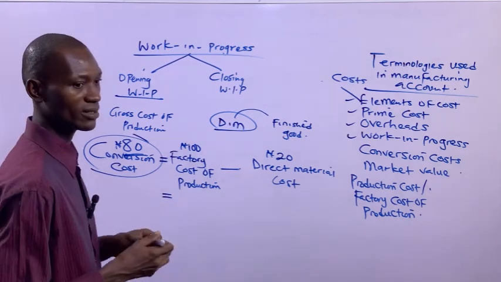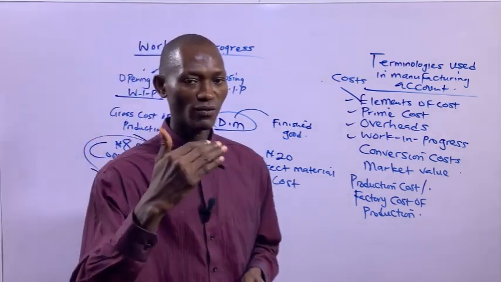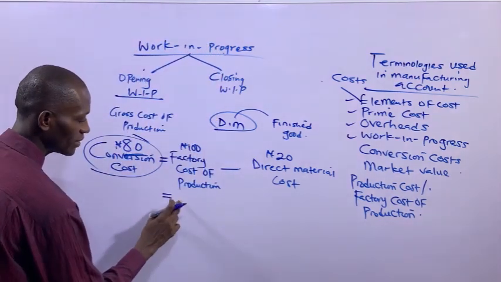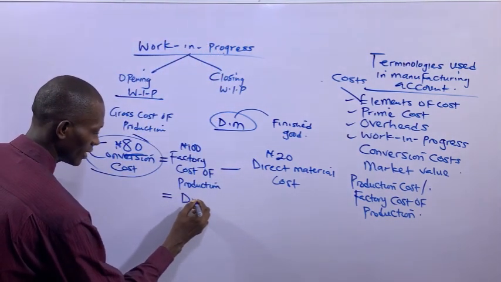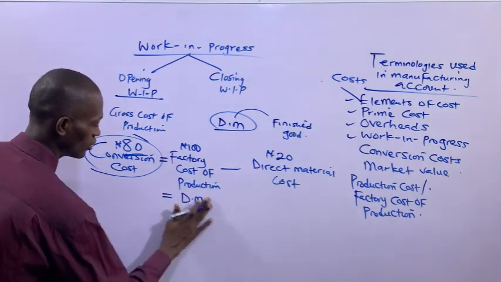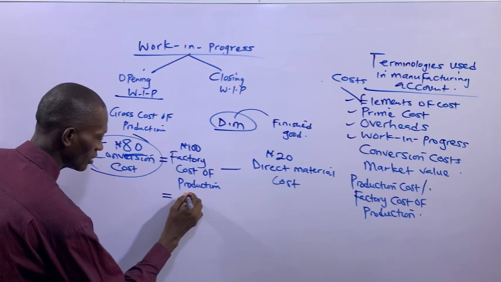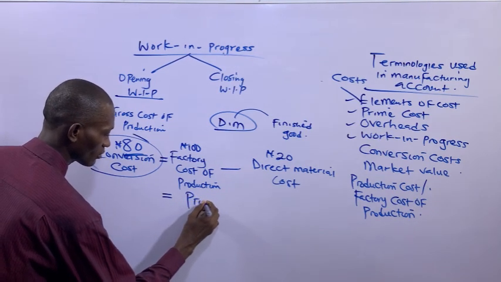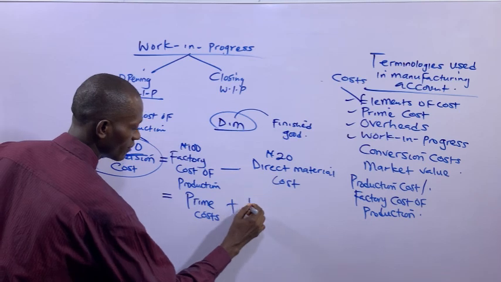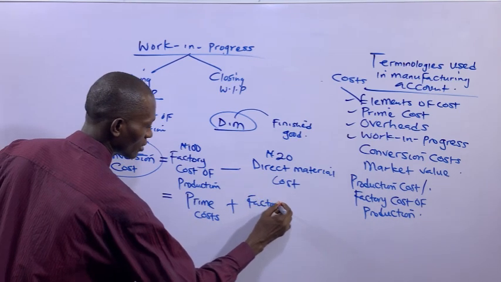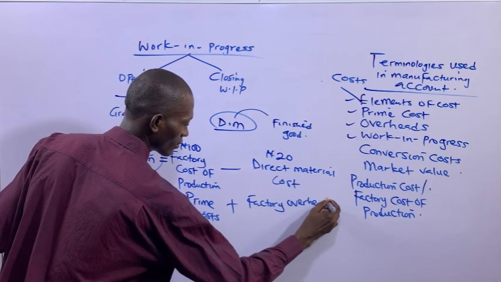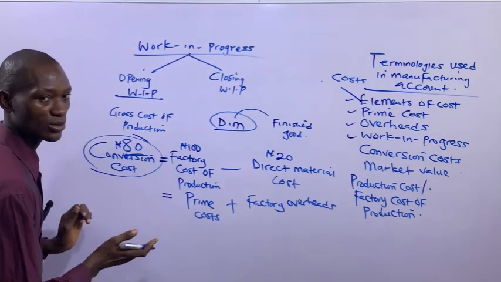Another way you can get your conversion cost, look at this. Don't forget that prime cost is the addition of all direct costs. Let's say prime cost plus factory overheads gives us the total cost of production.